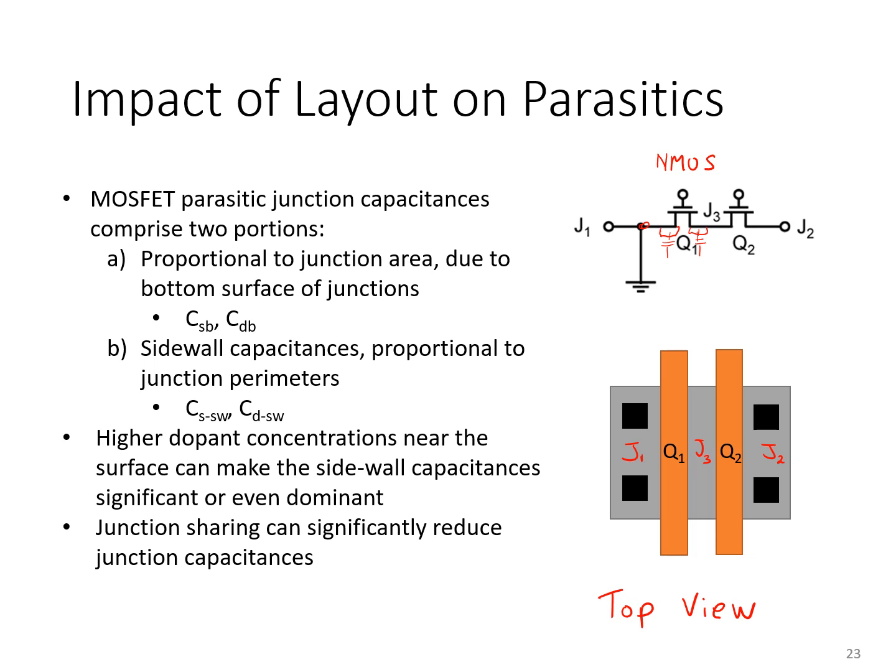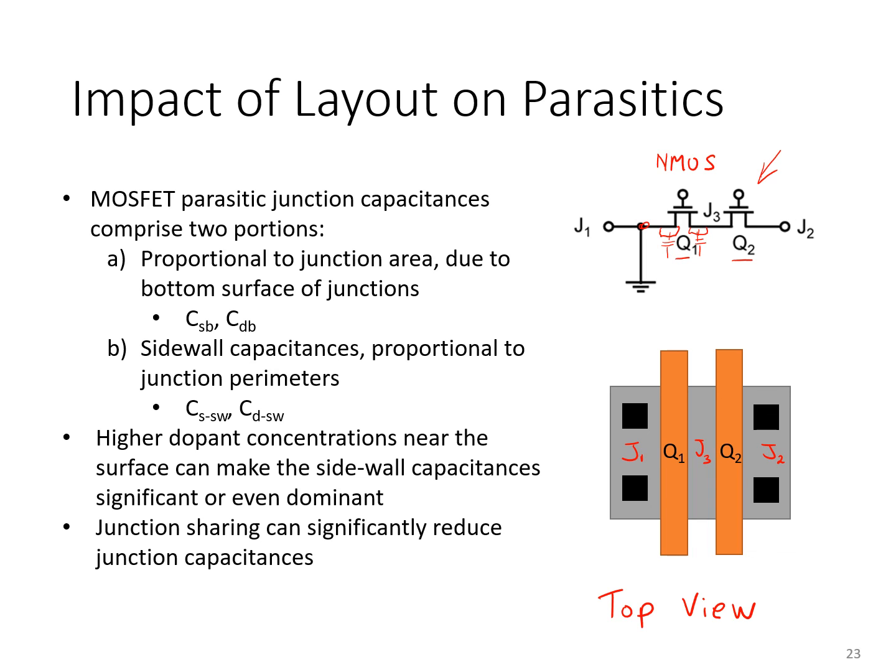And when you view the layout this way, you recognize that by looking at the schematic representation of this circuit, you might think that J3 would have a large area because there are two transistors, and therefore two source drain regions connected to J3, one from Q1, one from Q2.